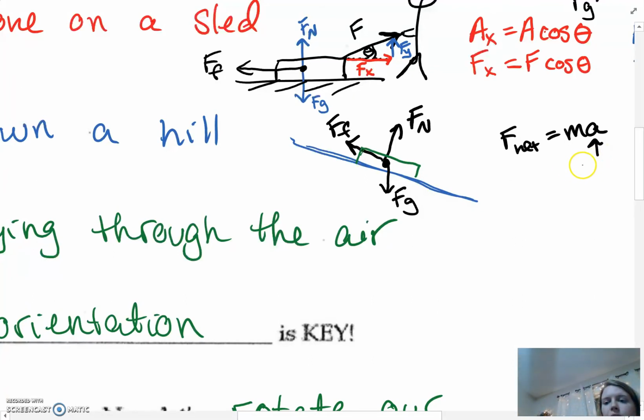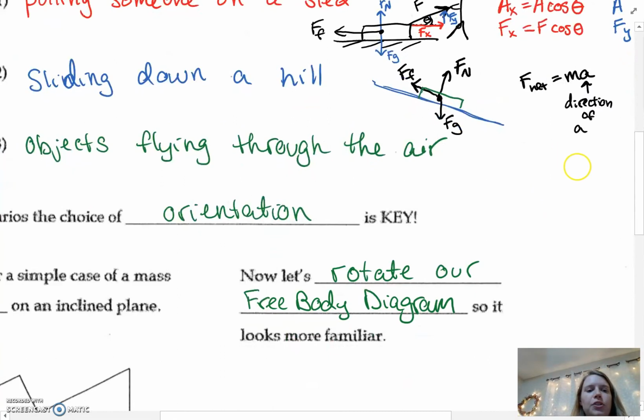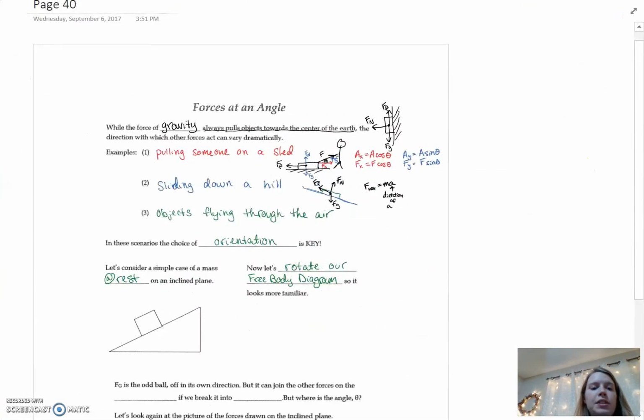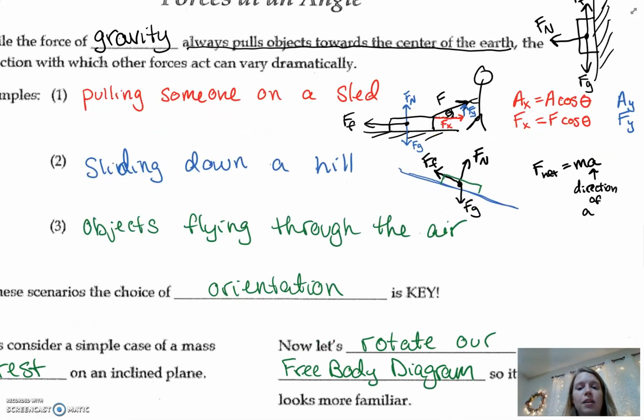So whatever direction the acceleration is in, we want to align the forces so that we can analyze the forces that cause that acceleration. Other scenarios that are a little less common are when we think about the combined effect of air resistance and gravity on objects flying through the air.